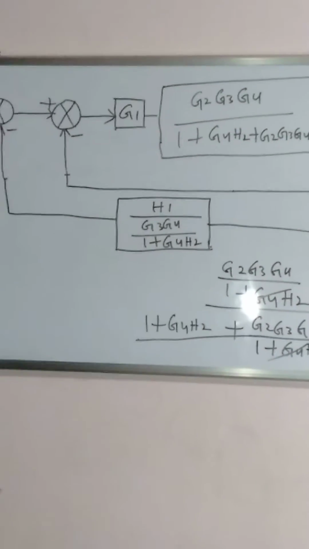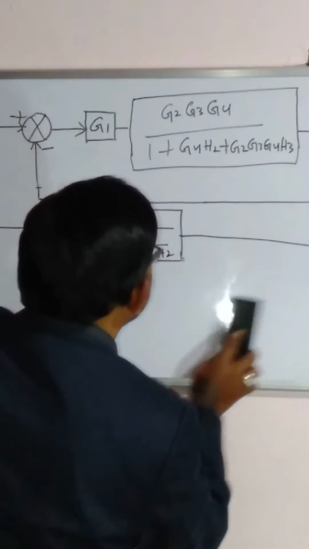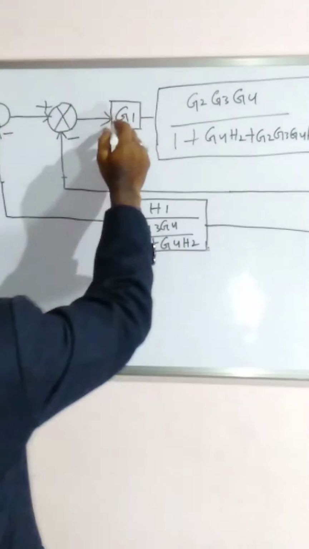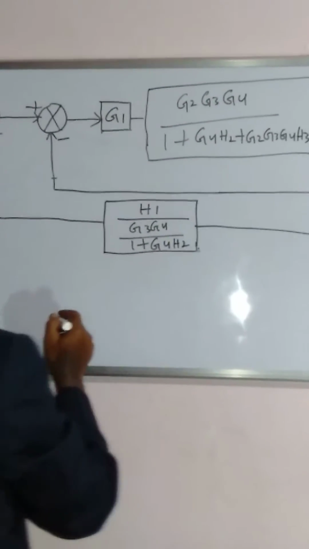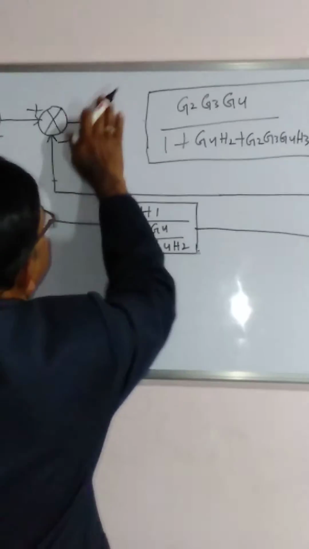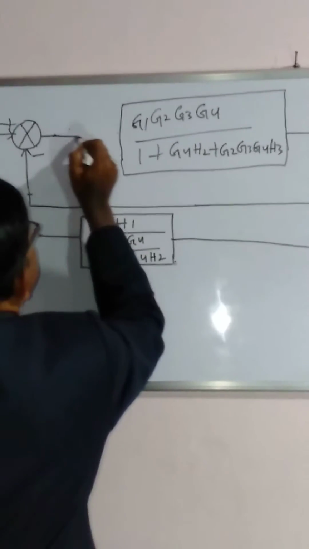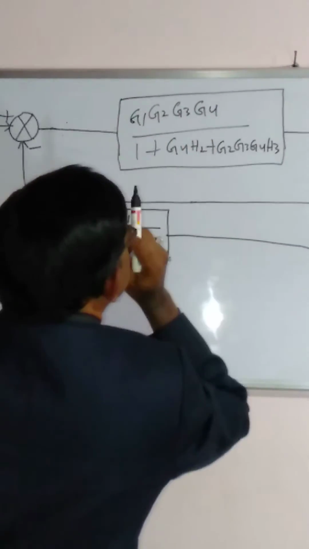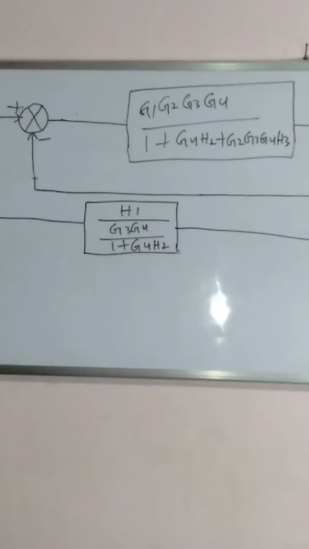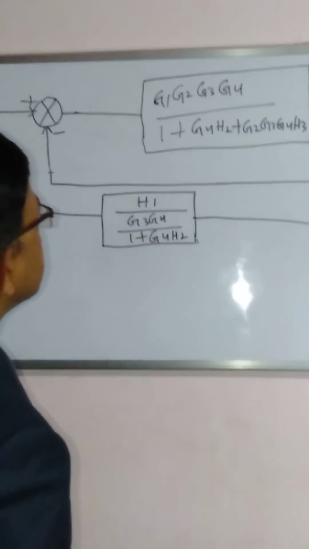So this is the transfer function. Now these two blocks are connected in cascade. Therefore, this will be combined to one block, that is G1 G2 G3 G4 by 1 plus G4 H2 plus G2 G3 G4 H3.